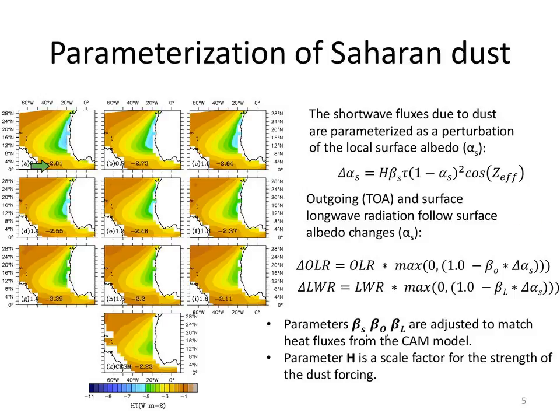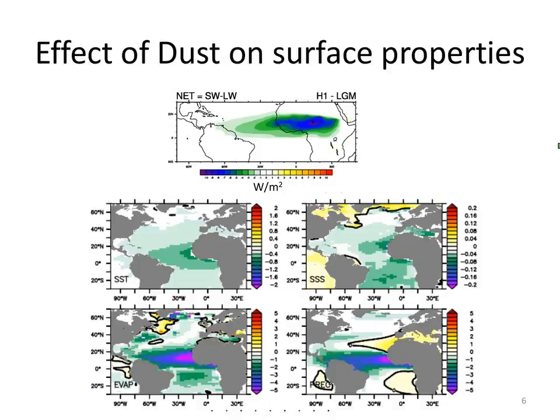Here are some of the parameters we tested, for example, to calculate the net heat fluxes. We have this H parameter that we can use to scale the dust forcing. We can multiply by 1, by 2, by 3, so we can simulate this effect in the model as well. A quick look at the effect of Saharan dust on net radiation in UVic: it is about a 6 watts per meter squared decrease in that region.